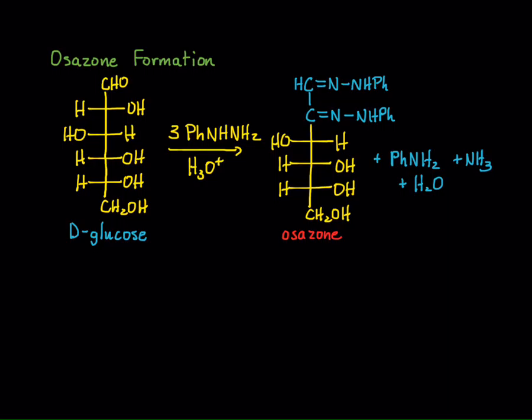So how do I explain why I need three equivalents of phenylhydrazine, and two of them add to the ring, and then I produce aniline and ammonia as a byproduct of this particular reaction? Well, in order to do that, we have to think about the mechanism of this reaction.